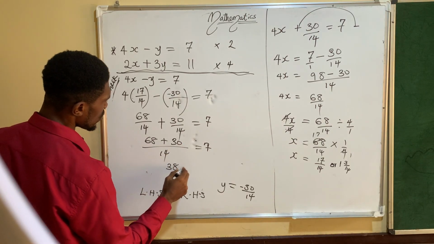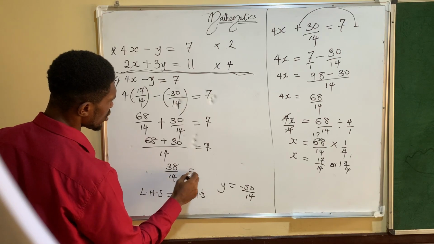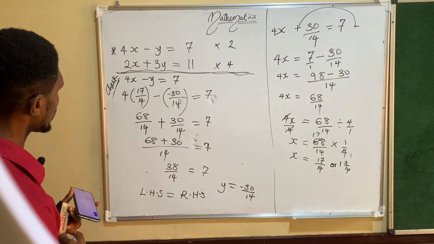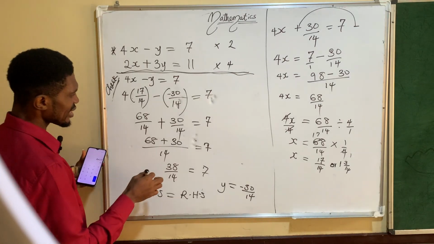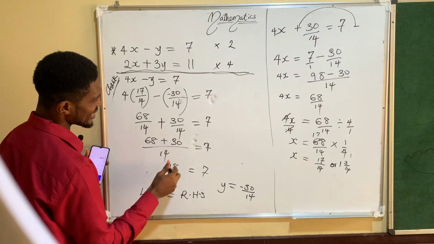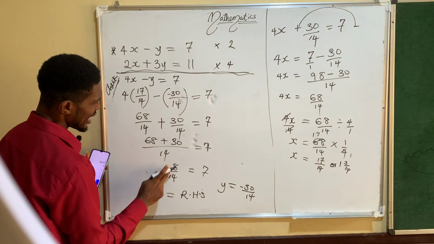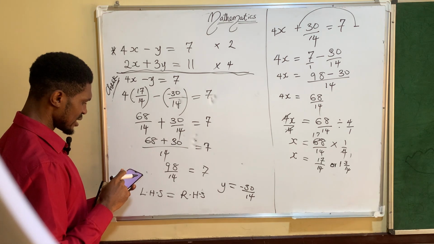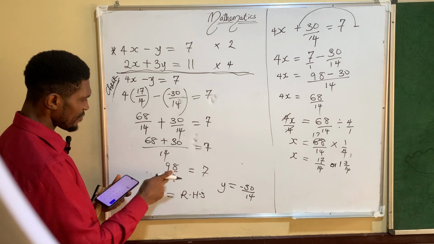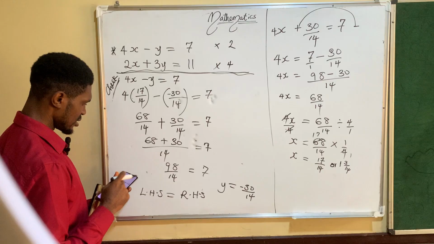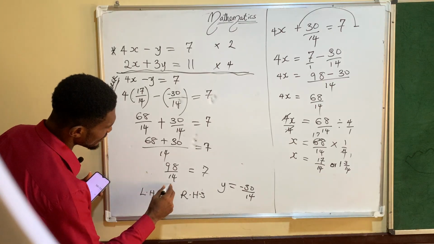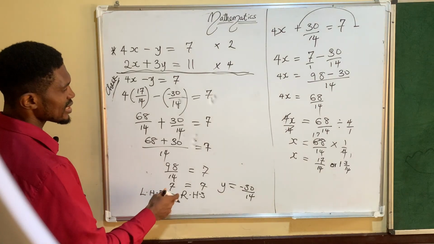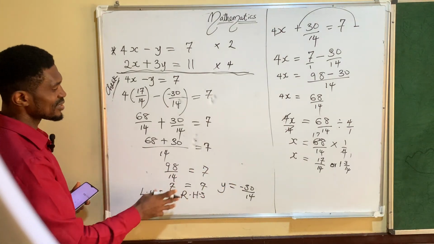Sorry, mistake. 68 plus 30 is 98 rather. So 98 over 14, let's check. 98 divided by 14 is 7. So you can see 7 is equal to 7. That is to show that what we have solved is very, very correct.